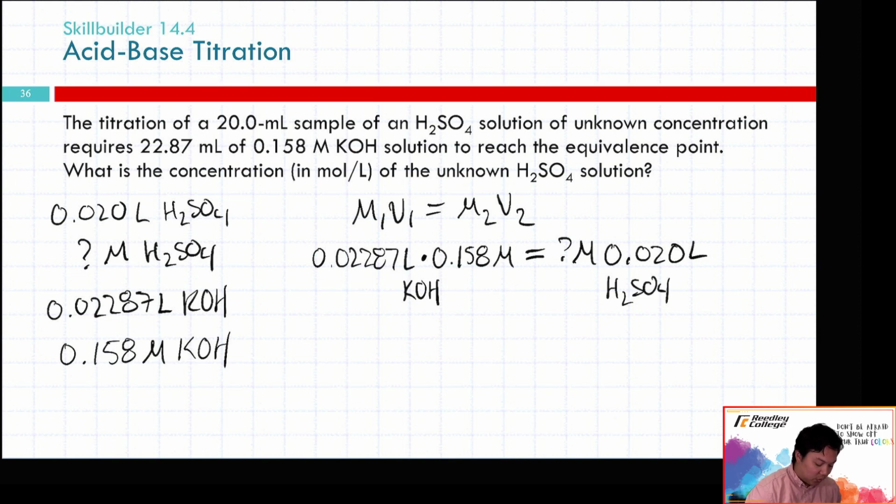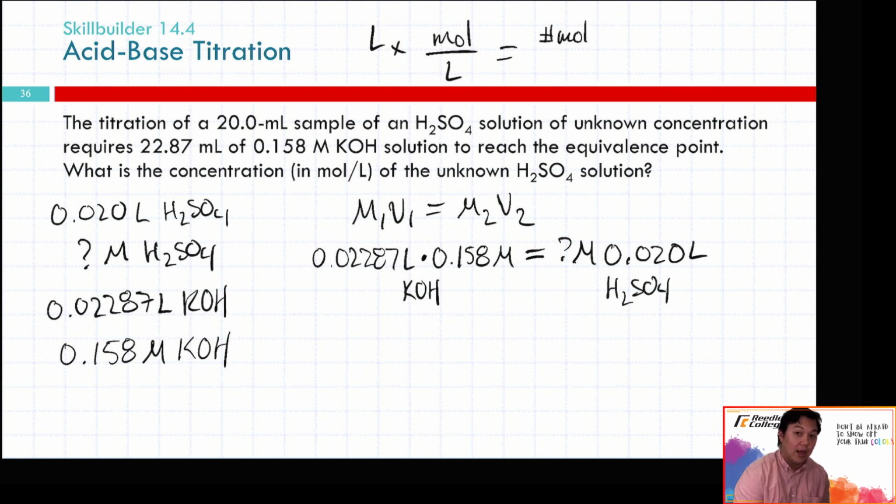So the reason that this works is if we take liters and we multiply that by molarity, which is moles over liters, that's going to equal the number of moles of potassium hydroxide that we added, which is equal to the number of moles of H2SO4. And because we're adding sodium hydroxide to this, we have increased the volume, but the number of moles of sulfuric acid stays the same.